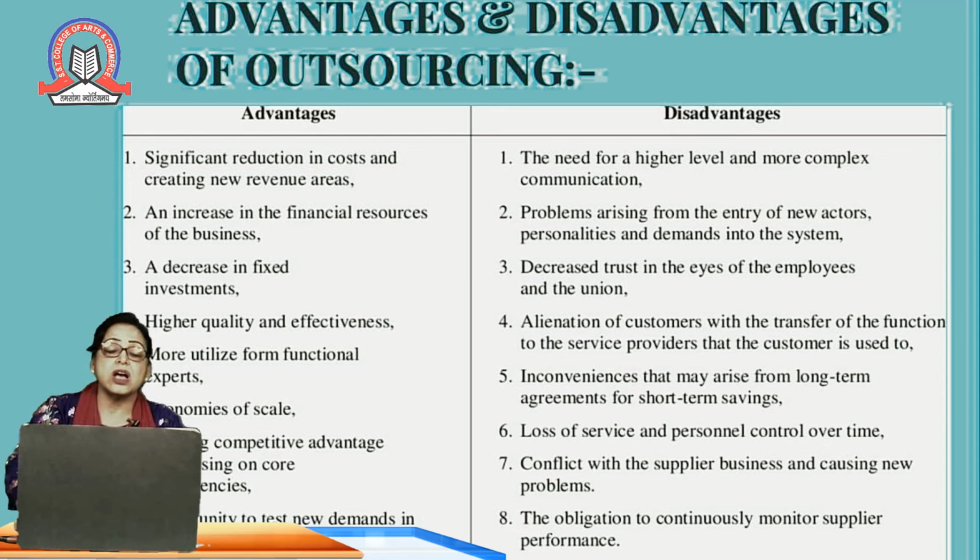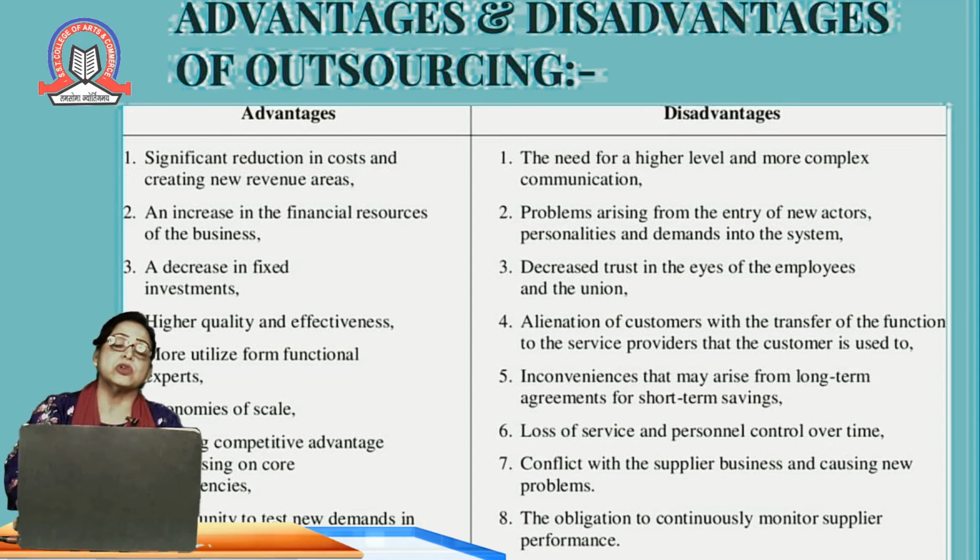Decreased trust in the eyes of the employees and the union. Many companies, for the sake of recruiting, may recruit an incorrect person at the incorrect place. So that may create problems. Then alienation of customers with the transfer of the function to service providers that the customers are used to.